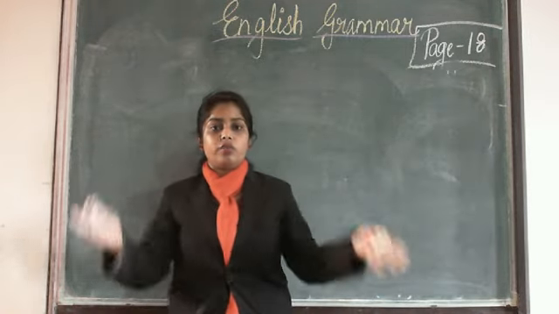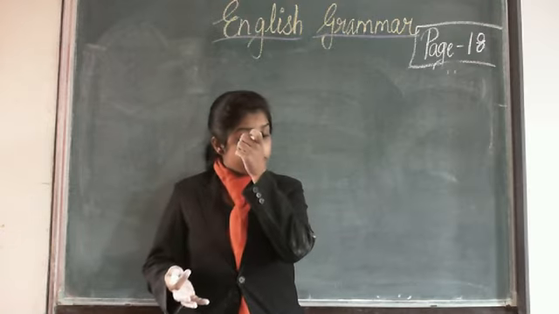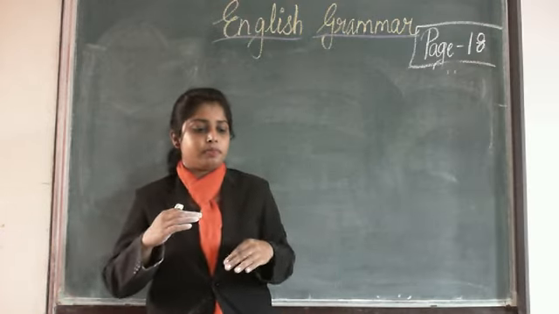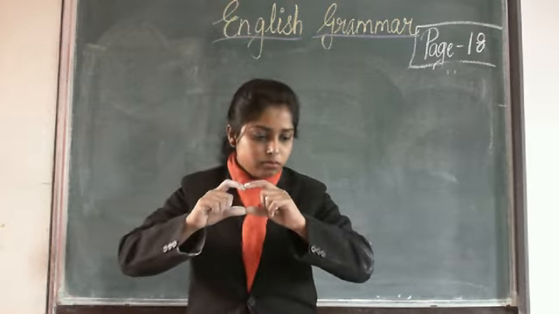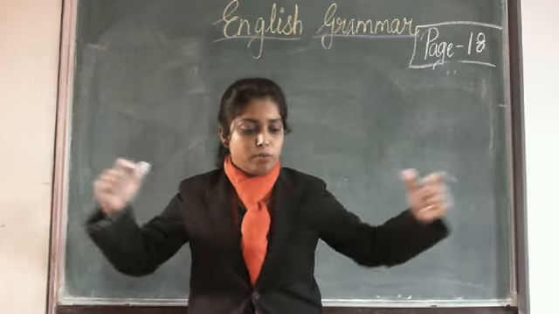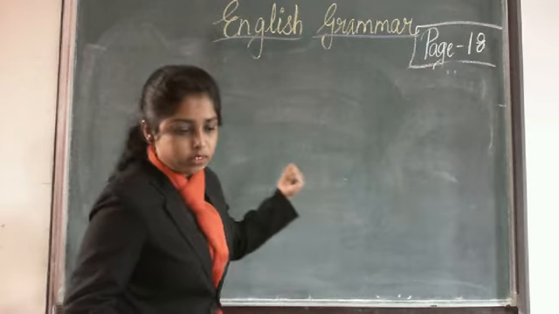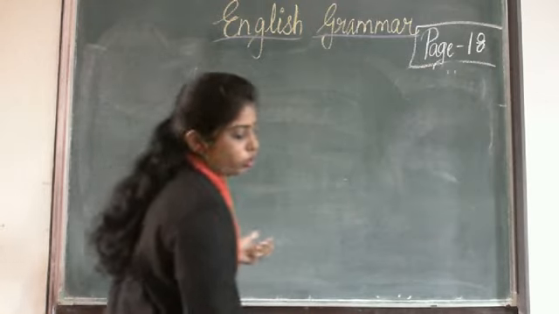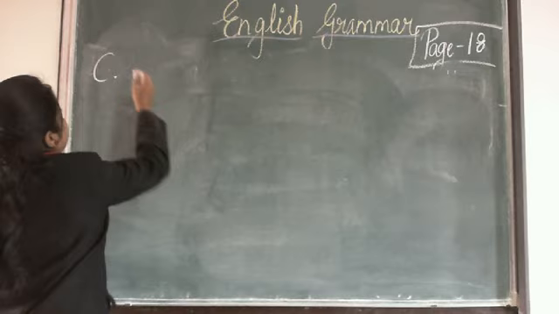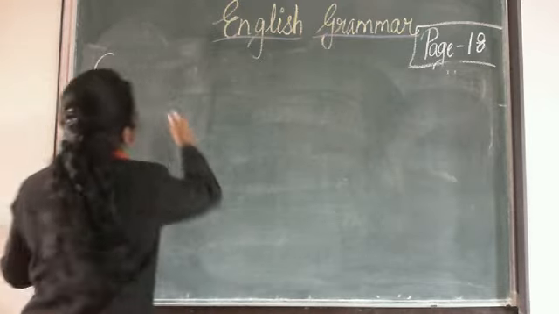So in a box we are given a puzzle. Okay. So and in one small long box we are given some adverbs. So let me tell you what we have to do. Okay. Question number C. So we are given some adverbs too.